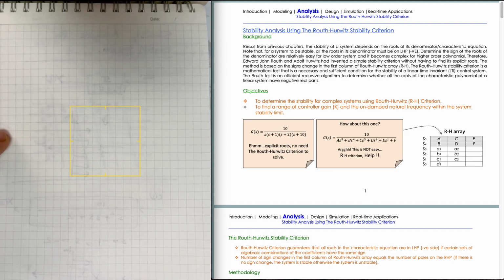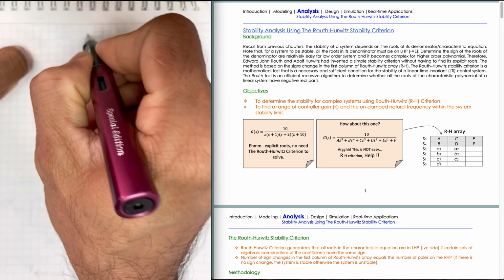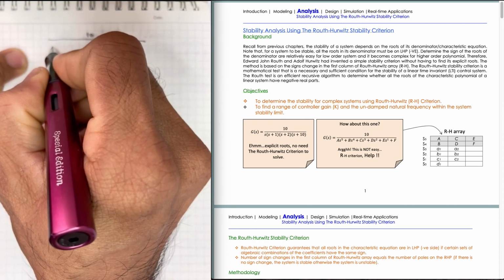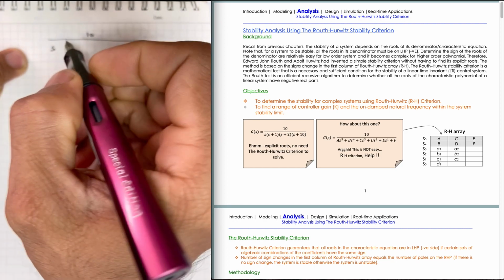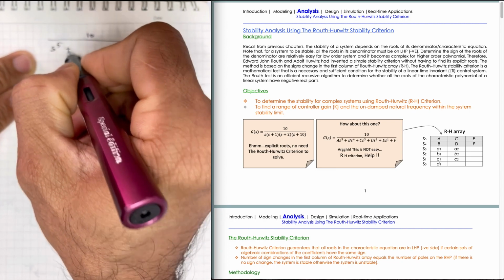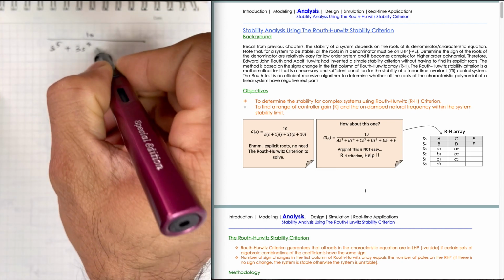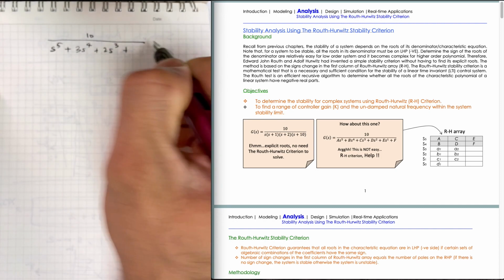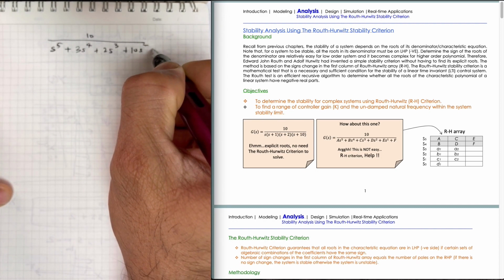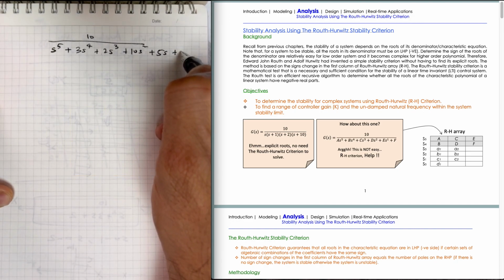What if we have a complex system such as s to the power of 5 plus 3s to the power of 4 plus 2s cubed plus 10s squared plus 5s plus 5?